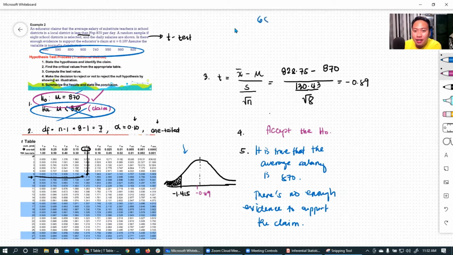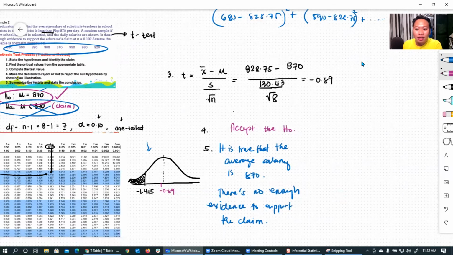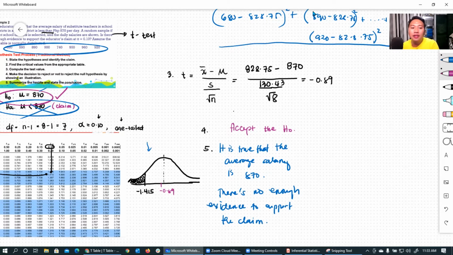Did you do this? 680 minus 828.75 squared plus 590 minus 828.75 squared, plus dot dot, plus 920 minus 828.75 squared, over n, which is 8. You should get an answer of 130.43.